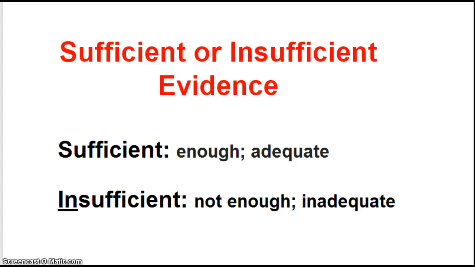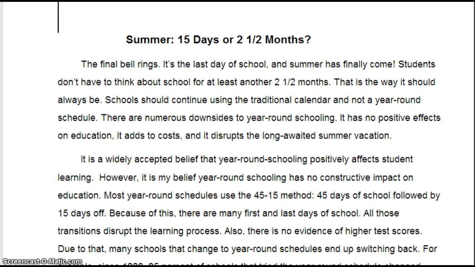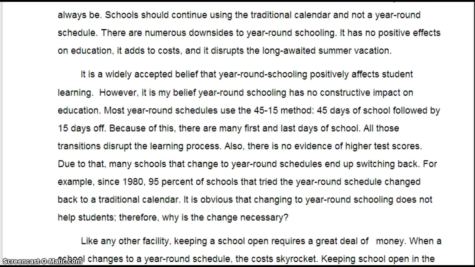For this video, we are going to be looking at the year-round school article, "Summer: 15 Days or 2.5 Months." So if you could pause the video and get that out if you haven't already, you can either open that in a new tab or you can have a hard copy in front of you. In this paper, I want you to look at the second paragraph, so not the opening paragraph, but the second one.